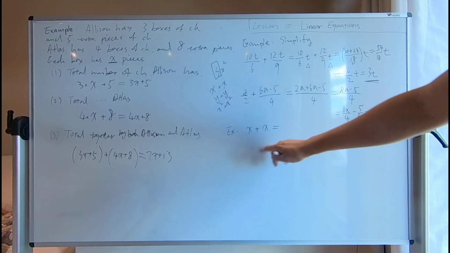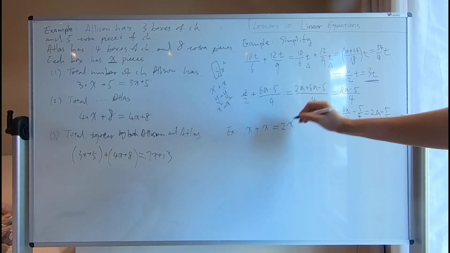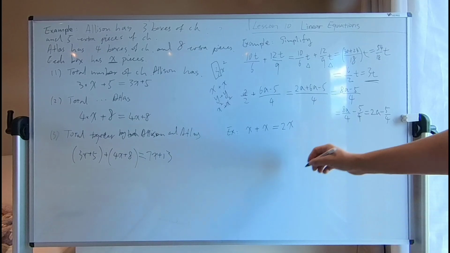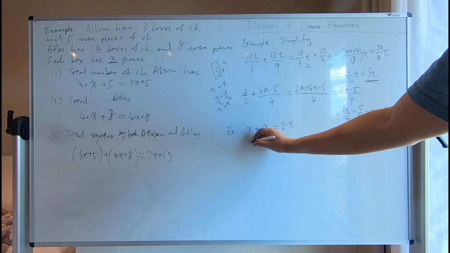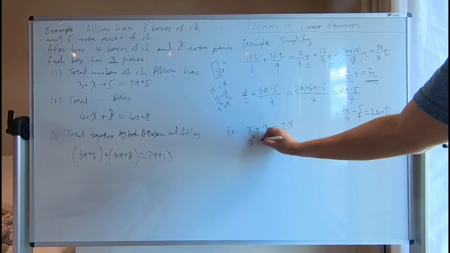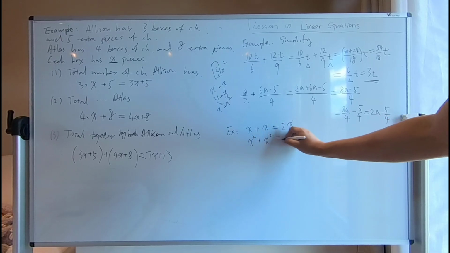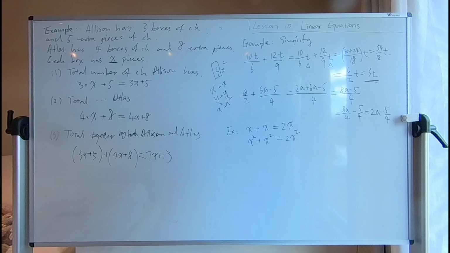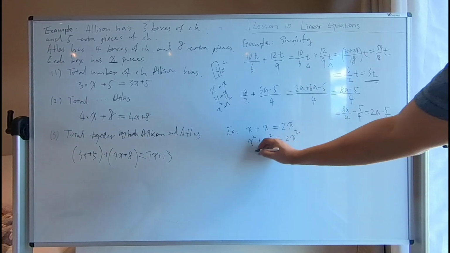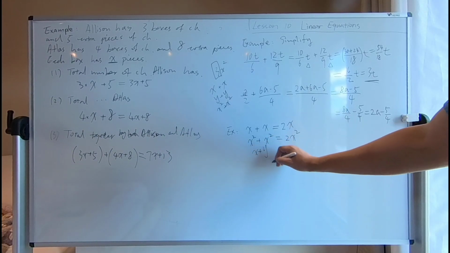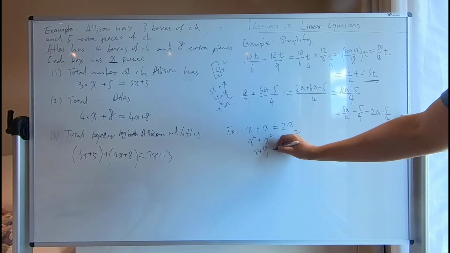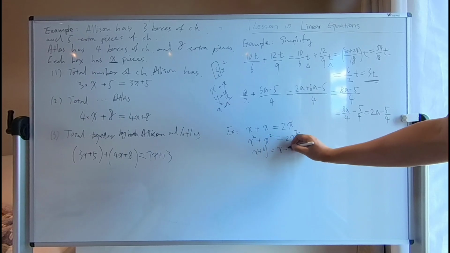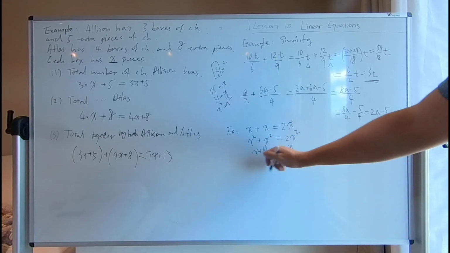So for example, x plus x is 2x. This looks very straightforward. If I have x squared plus x squared, that's 2x squared, right? This is also straightforward. And of course, x plus y is just x plus y. There's no further way to put them together, right?